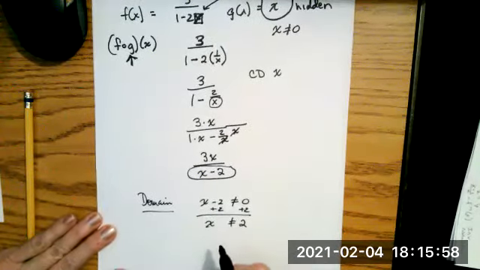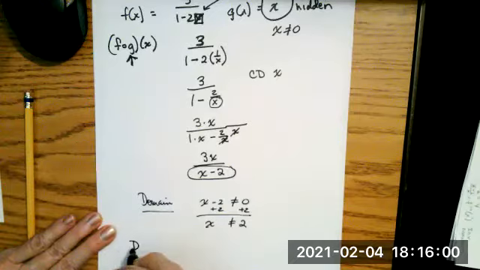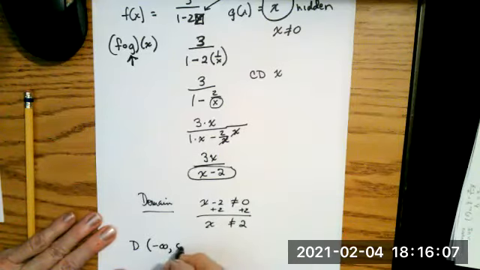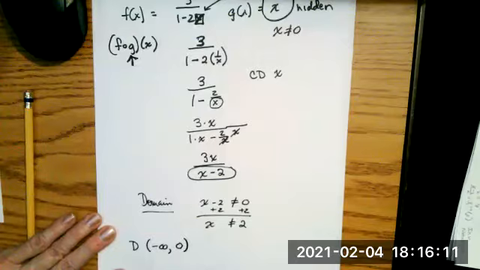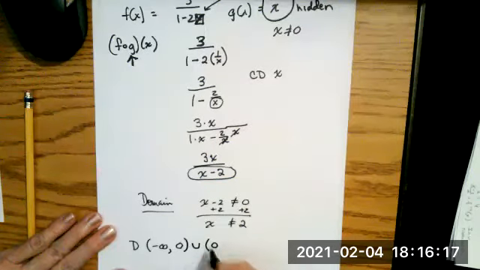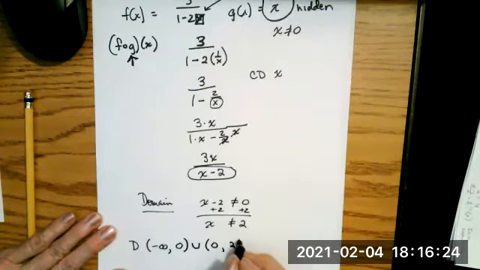So what I want to do is, my domain on these, I believe we're in interval notation. So I go from negative infinity up to 0 because 0 comes before 2. Use a parentheses to skip that 0. Put a union symbol, then put the 0 again. That's how you're skipping it. Comma up to 2.